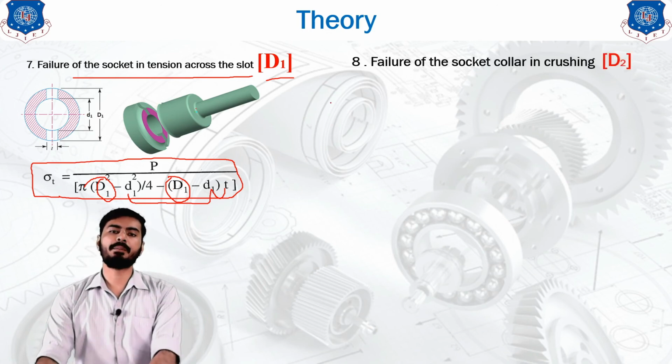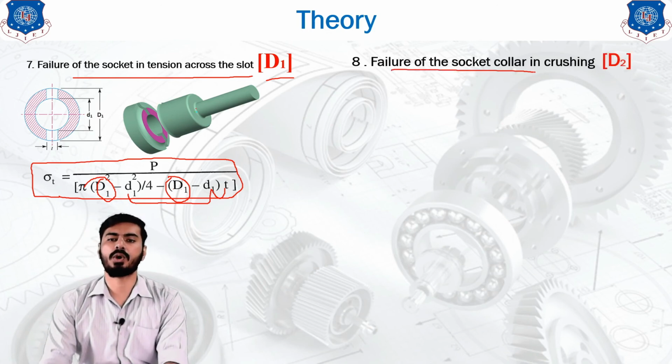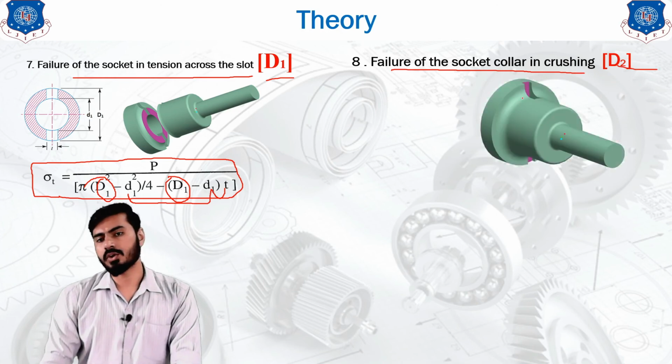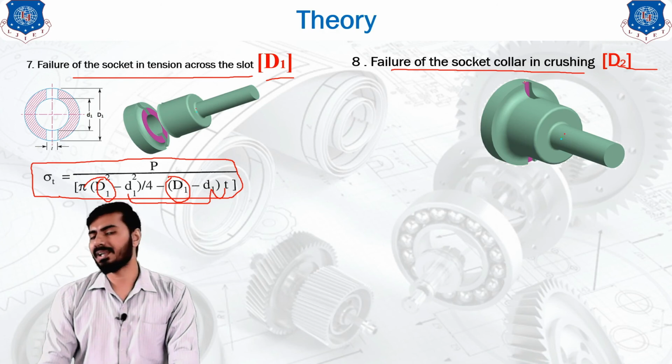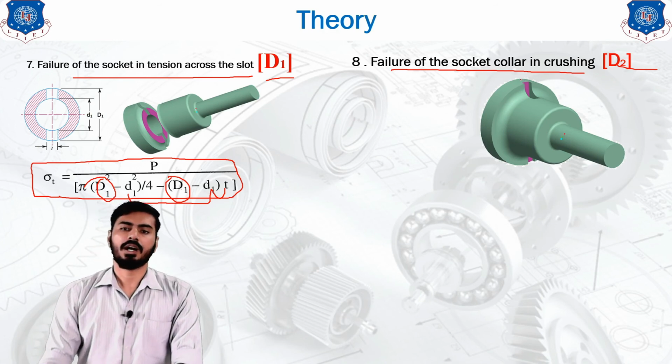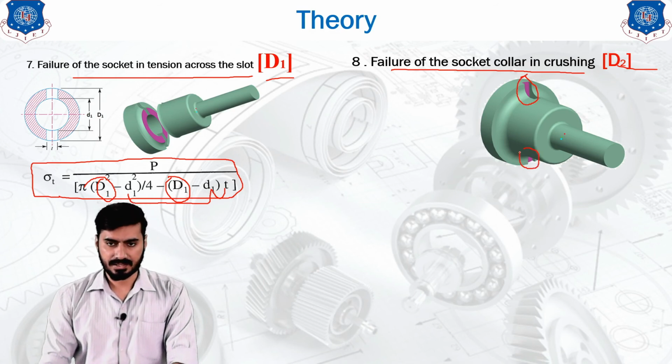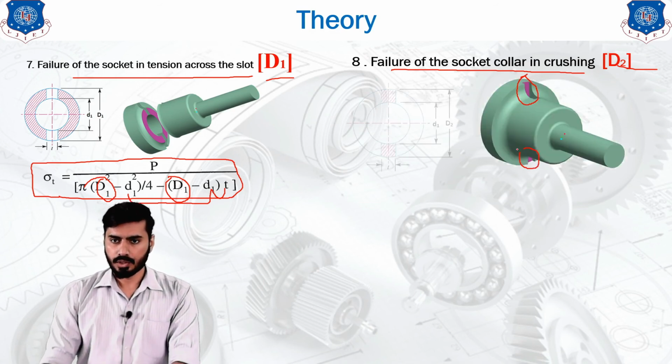Now our step number 8 is the failure of the socket collar in crushing, that is the d2. So your socket collar in the crushing would look like this, and your crushing is visible at the pink section. So your pink section is seen from the side view like this.